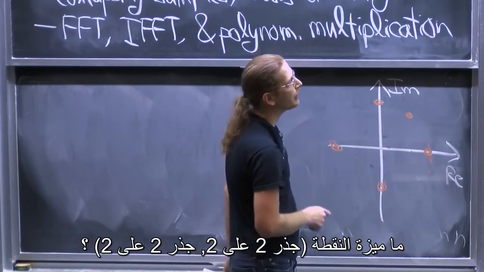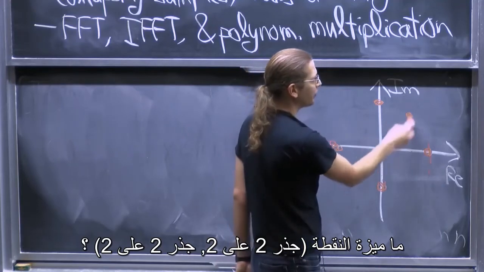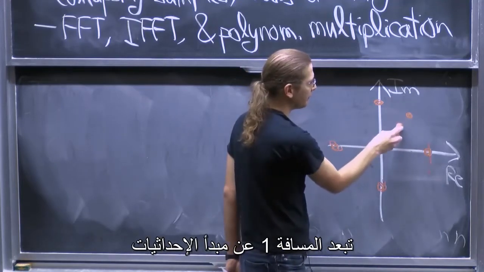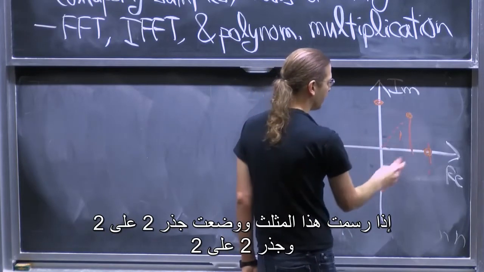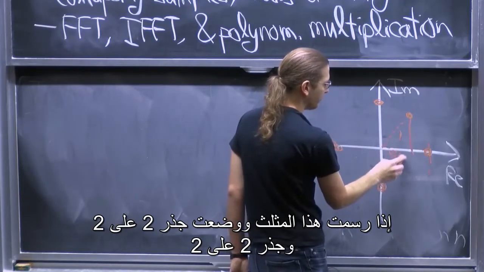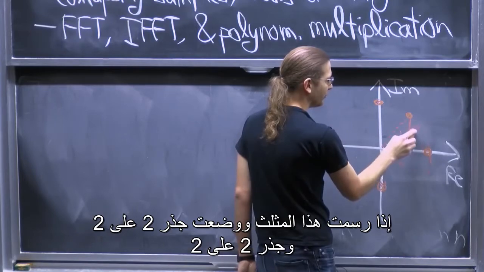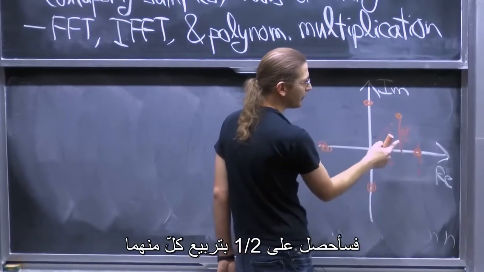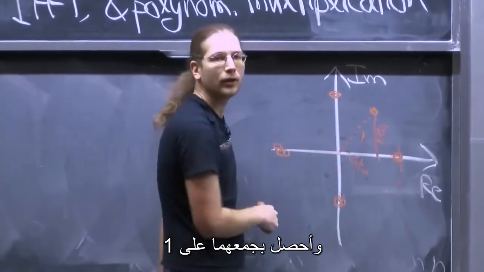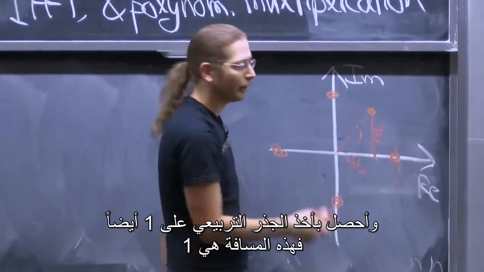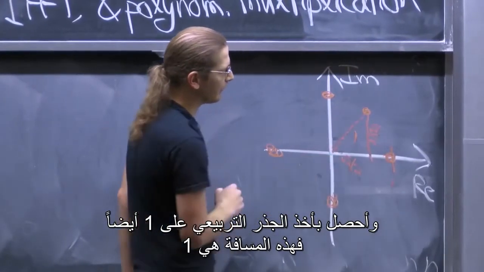What is the property of √2/2, comma √2/2? It has distance exactly 1 to the origin. Right? If I draw this triangle, √2/2 by √2/2, I square this, I get a half. I square this, I get a half. I add them together, I get 1. Take the square root, I still get 1. So this distance is 1.